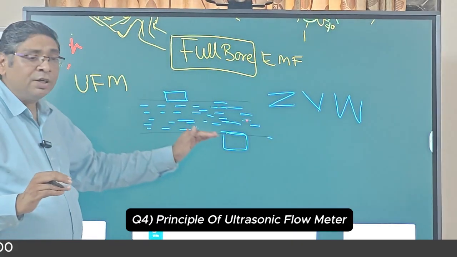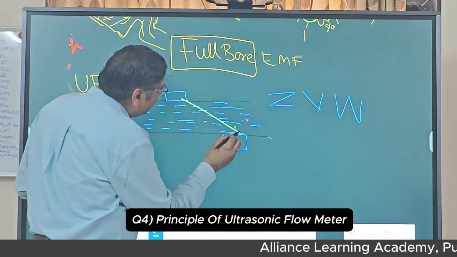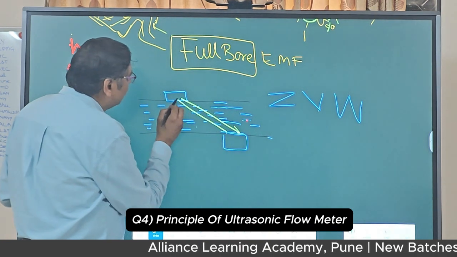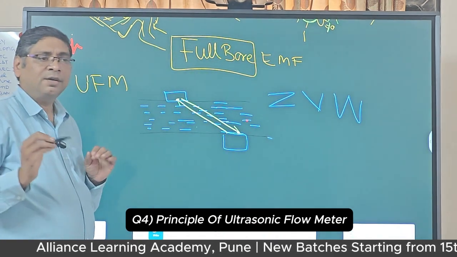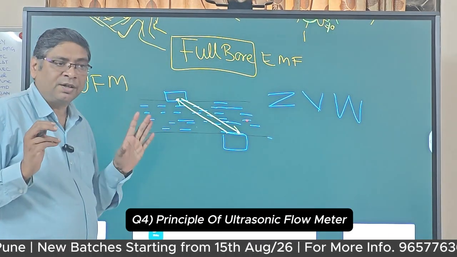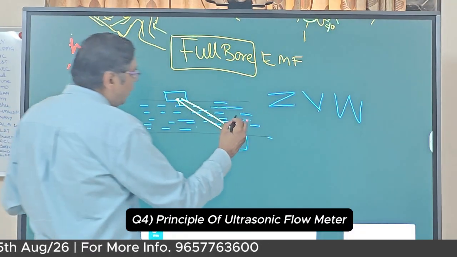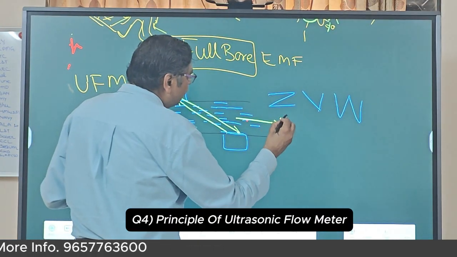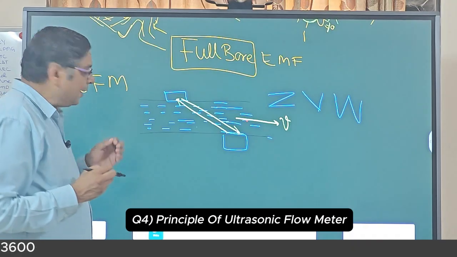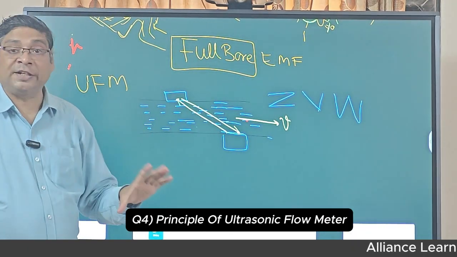Now these are the ultrasonic sensors. It will send an ultrasonic wave from here, and this will send an ultrasonic wave from here. Got it? They are transceivers. Now you see one very important thing. The velocity of my fluid is V, and the velocity of ultrasound in one medium is constant.